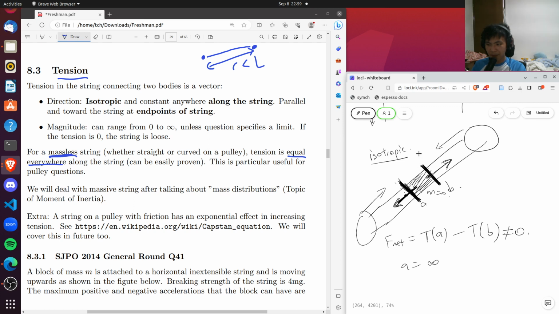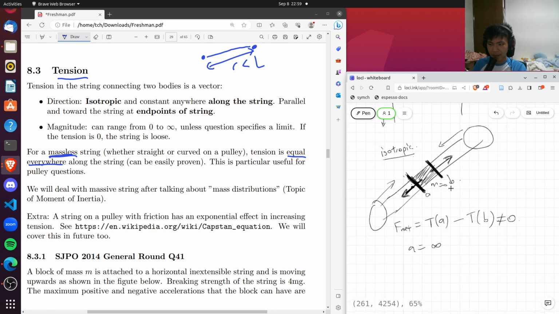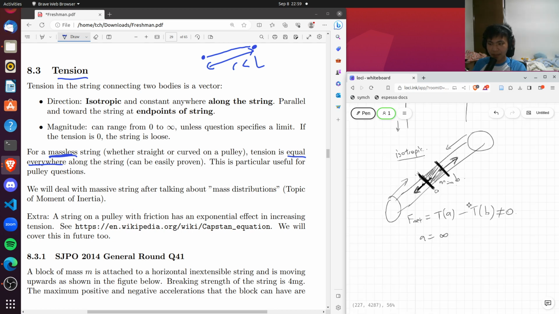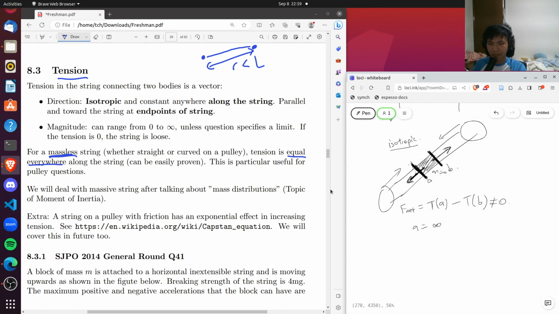So I'll talk more about the nuances of tension, especially when we talk about the massive string and when we talk about the Capstan's equation. I'll analyze the tension more carefully over there. But just know that this is a short proof for why tension is equal everywhere in a string.